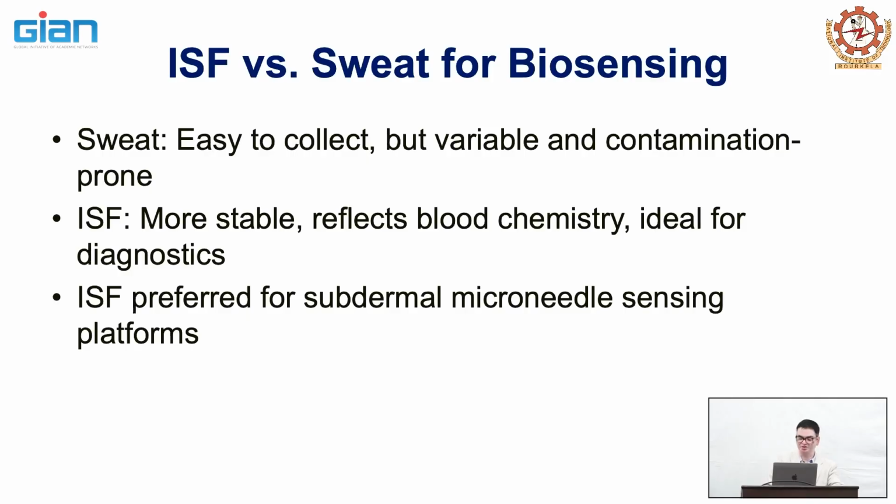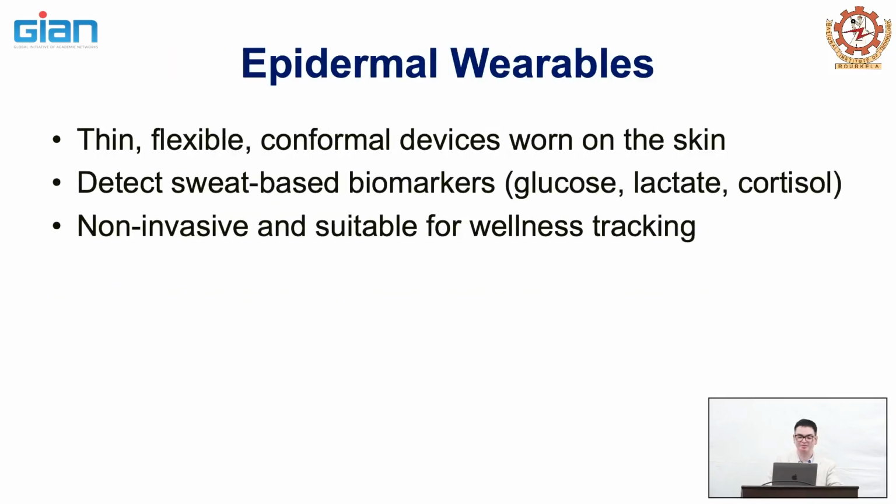After that, we started looking at the epidermal wearable devices. What are these epidermal wearable devices? We'll go over those examples one more time. The epidermal wearable devices are basically thin, flexible, conformal devices which can be worn on the skin, as you can see on the screen. They detect sweat-based biomarkers, mainly glucose, lactate, and cortisol.